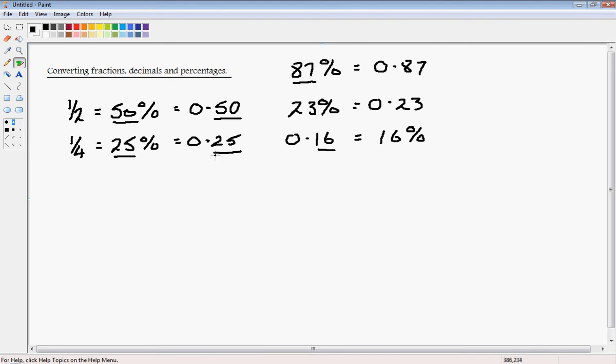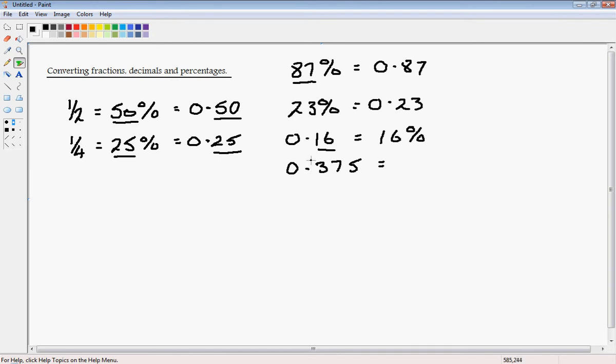Okay. So let's say we had 0.375. So now we have three numbers. Now we can't say that's 375%, because remember our rule is the first two numbers.